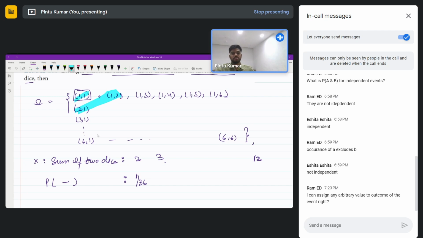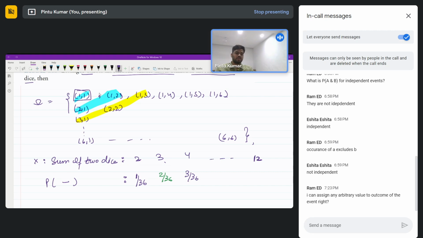So this was for 1, this is for 3. So this is 2 by 36. Now for sum equal to 4, you have three possibilities, right? So for 4, you have three possibilities, and so on.